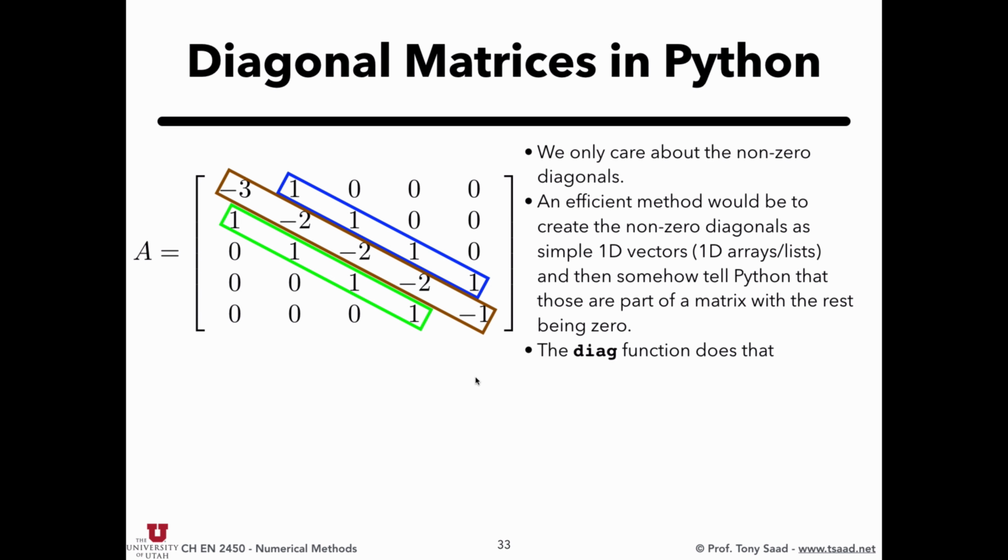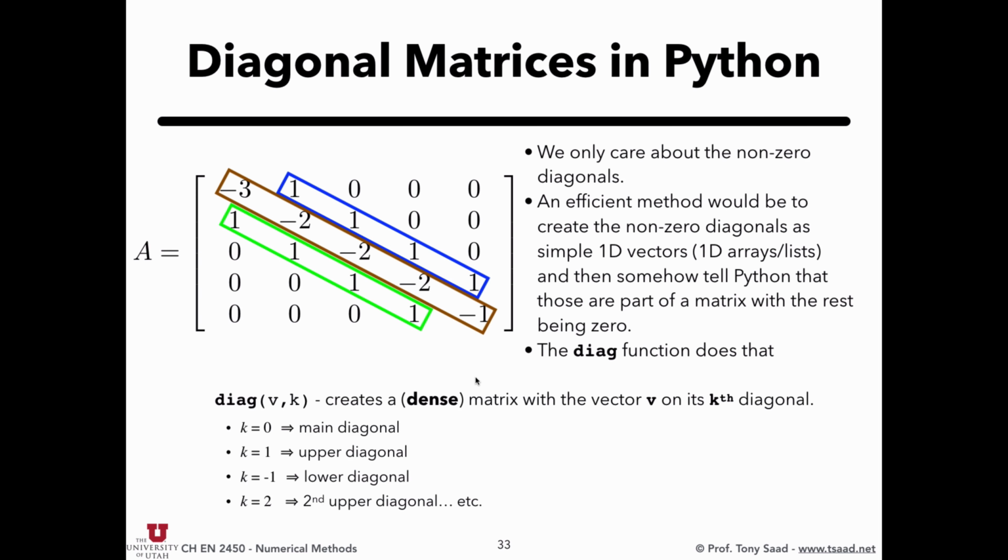Now, there's a function in Python called diag. There's an equivalent in MATLAB. It comes from NumPy, and it does exactly that. It's defined as diag(v, k), and it creates a dense matrix with the vector v on its kth diagonal. So think of this again: you create a vector, let's say -3, -2, -1, and you call the function diag on that vector and put it at the 0th diagonal.